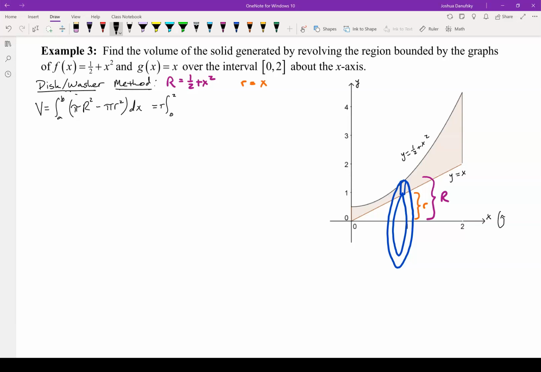We can factor out a pi, and we're going to end up with capital R quantity squared minus r squared dx, like that. We'll go ahead and simplify this. And then integrate.